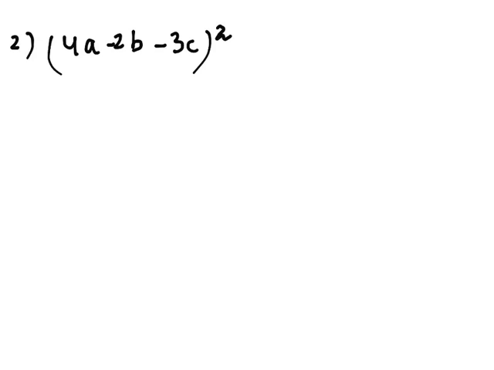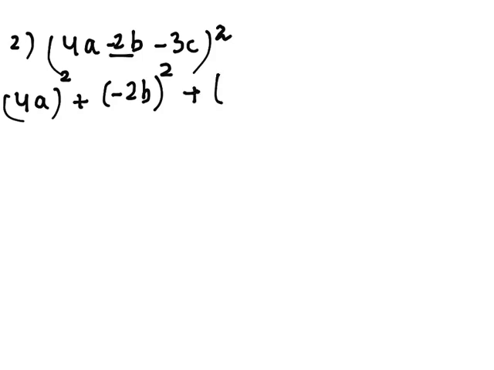How can we write? We can write as (4a) whole square plus (-2b) whole square, because here we have negative 2b. Next, again we have a negative term, so we will write (-3c) whole square.